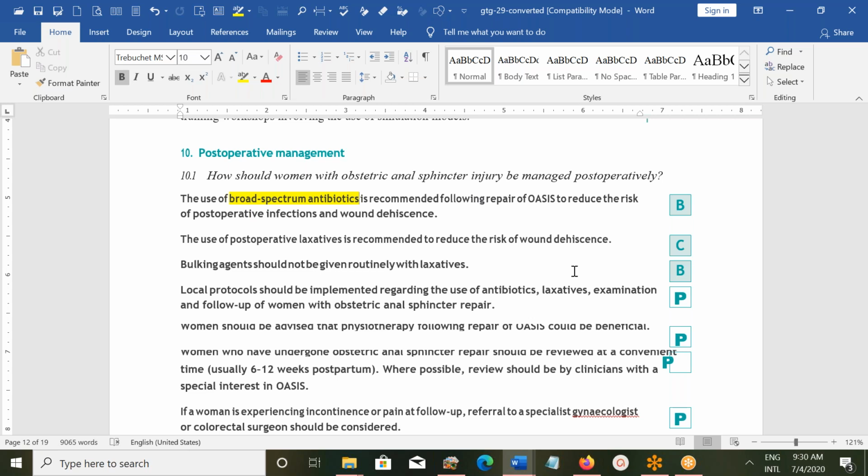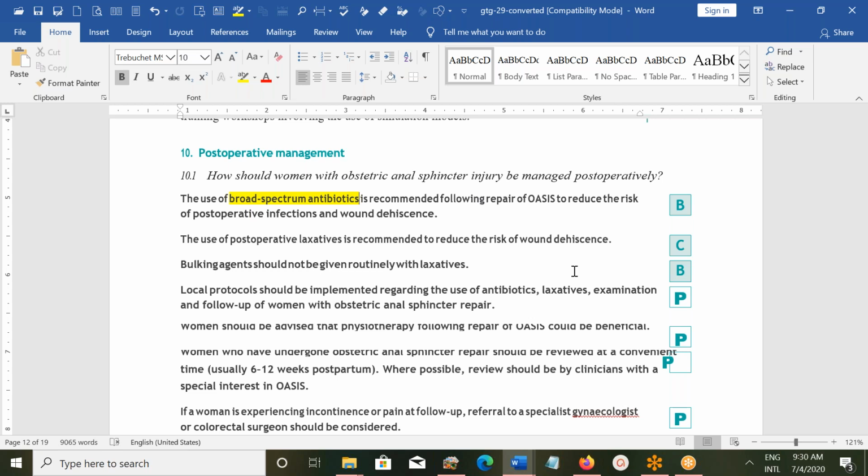So you need to give them broad spectrum antibiotics to prevent post-operative infections as well as wound dehiscence. Then the use of post-operative laxatives is recommended to reduce the risk of wound dehiscence. Then bulking agents should not be given routinely with laxatives. The patient should just take a regular diet and enough fluid, and we don't have to give them Ispaghula husk or other stuff.